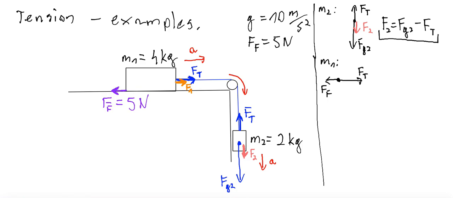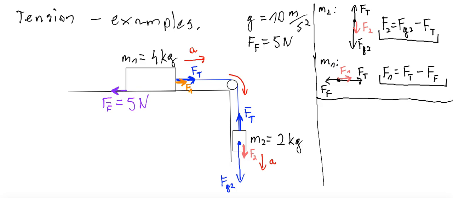Tension is bigger than frictional force, so the overall force acting on mass m1 is directed to the right. So what is the main equation? F1 is the difference between tension and frictional force. Based on these two equations, we are able to calculate both the tension of the string and the acceleration of the system. So copy this, stop the video for a moment, and try to solve it.